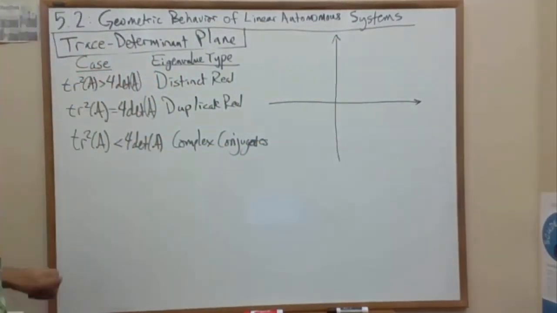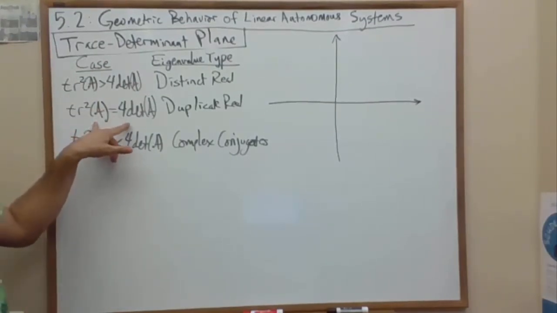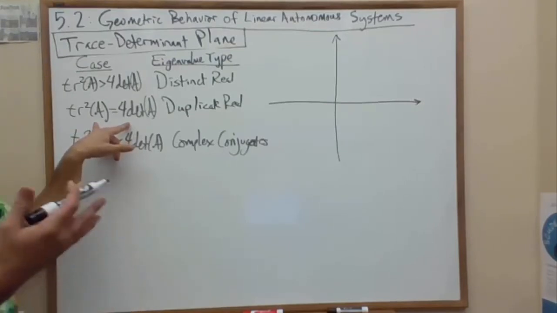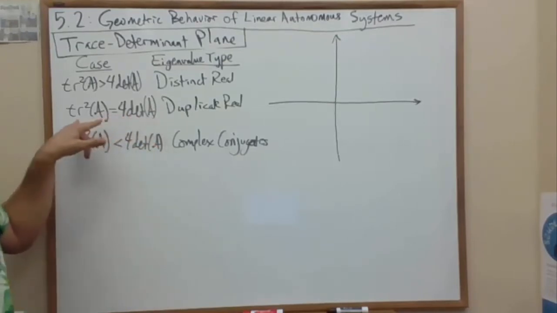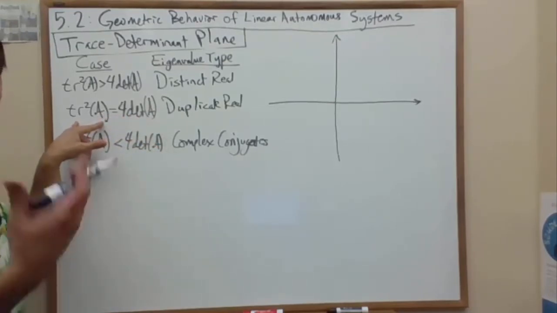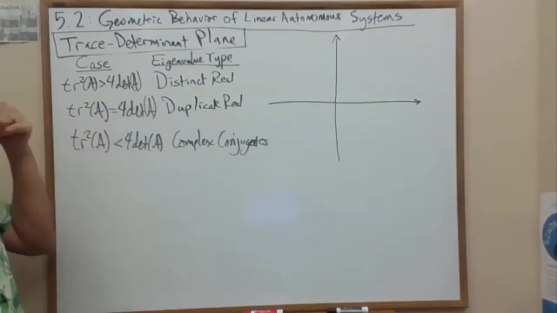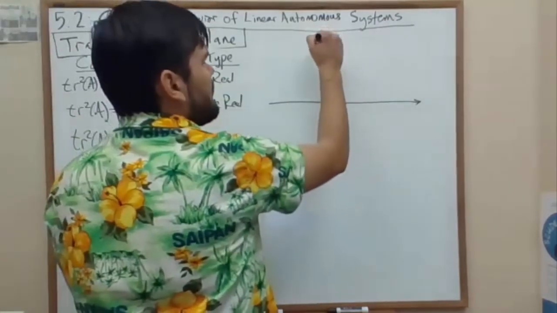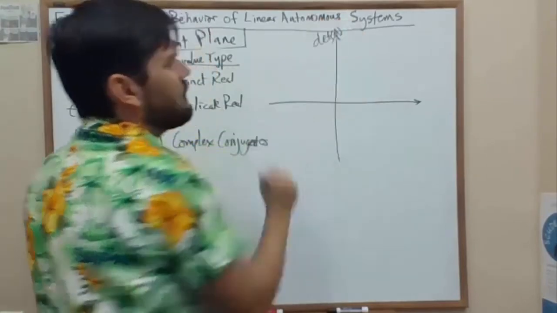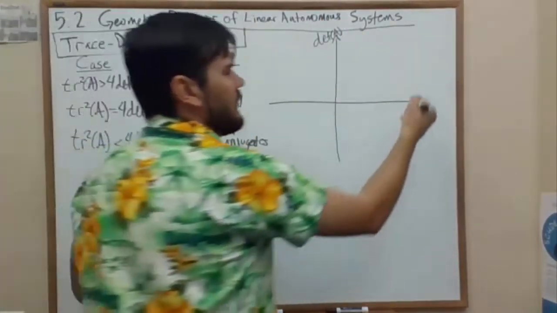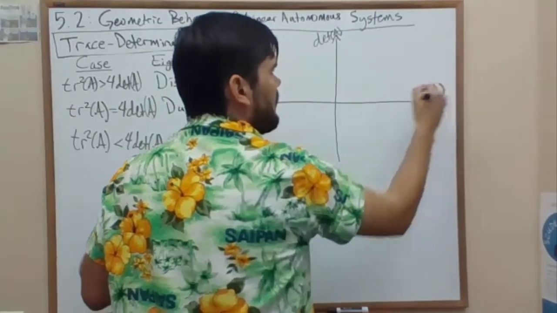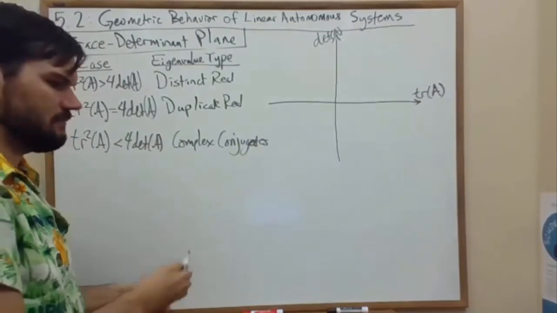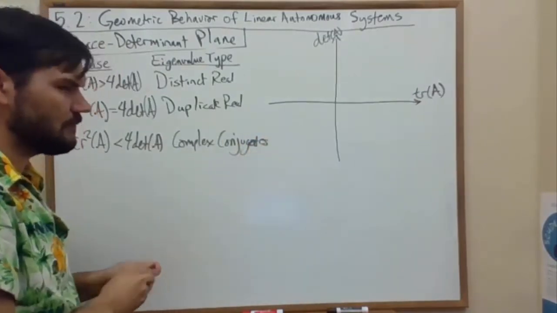Well, this relationship, trace squared of A equals 4 determinant of A, can be either solved for the trace as 2 square roots of the determinant, or it can be solved for the determinant as 1/4 of the trace squared. And it's easier to draw quadratic. So we end up treating the determinant of the matrix as our y-axis, and the trace of the matrix as our x-axis, or x and t if you'd rather.